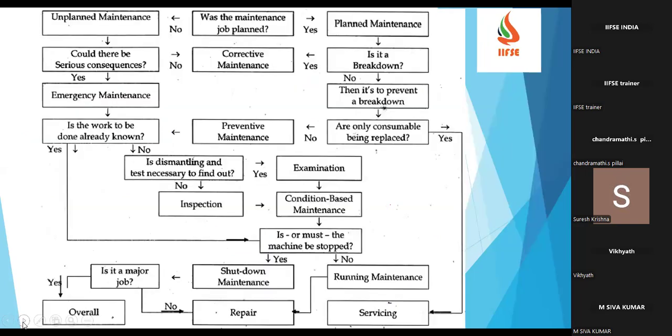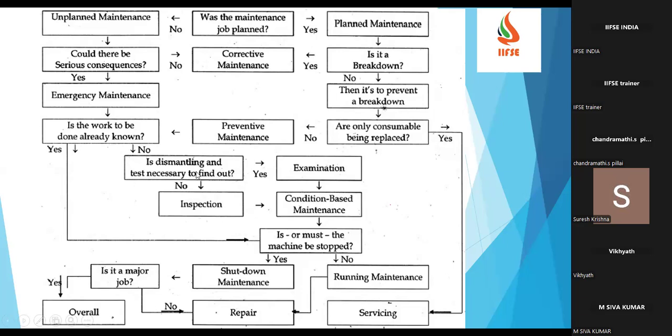So see how plant maintenance works. If you see plant maintenance, there could be a series of consequences. If yes, then it will go to emergency maintenance. Then, is the work to be done already known? If so, it is easy, it must be done. Is the machine to be stopped?